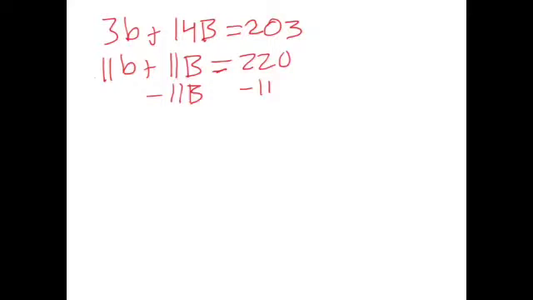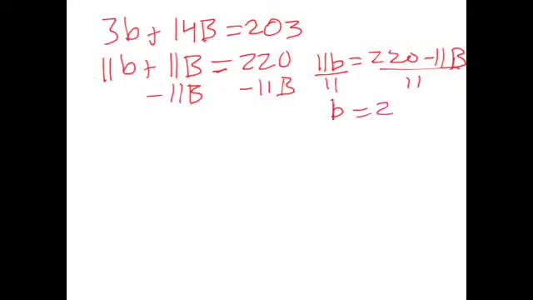That should be a b, not some weird squiggle. And we'll get 11 small b equals 220 minus 11 large b. And you just divide everything by 11. We'll get b equals 20 minus large b.